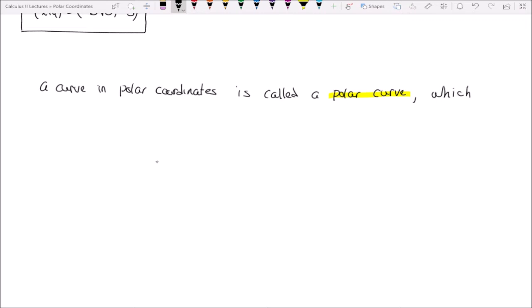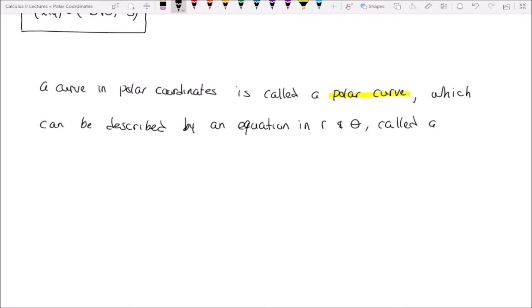Right, this can be described by an equation in r and theta, which is called a polar equation.